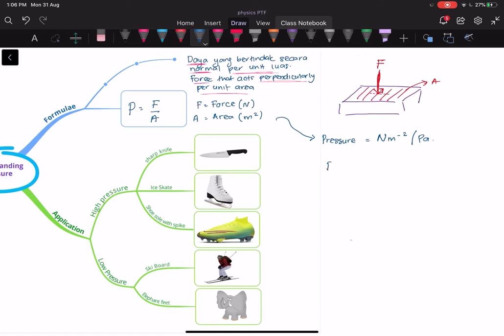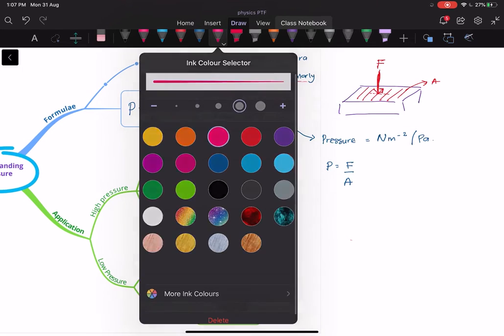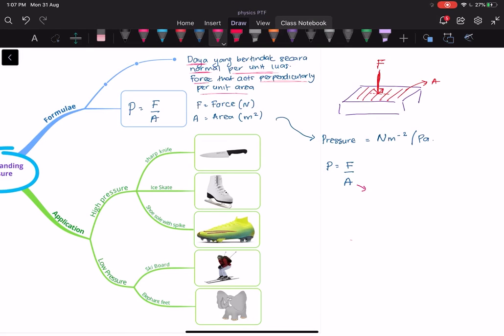Class, jadi apakah faktor-faktor yang mempengaruhi tekanan? What are the factors that affect your pressure? From the formula, pressure equals force over area, right? So what happens here? Apabila A bertambah, apabila luas permukaan bertambah or the area increases, what will happen? The area is inversely proportional to the pressure. Ya, maksudnya apabila luas permukaan bertambah, tekanan akan berkurangan.